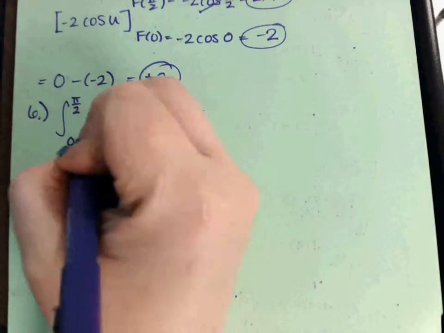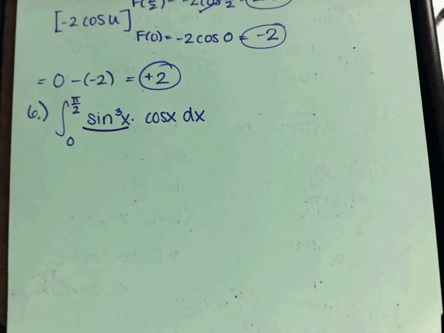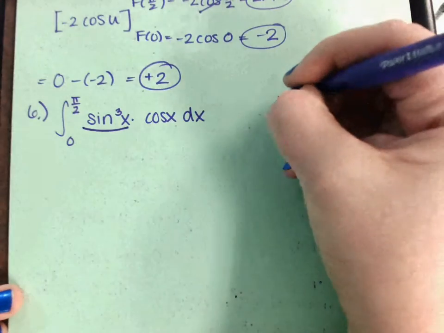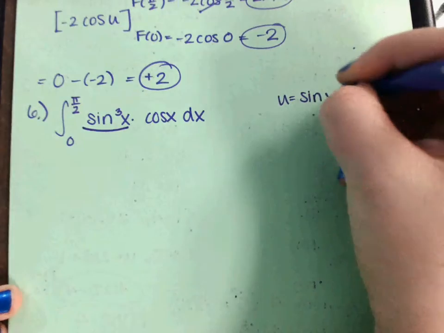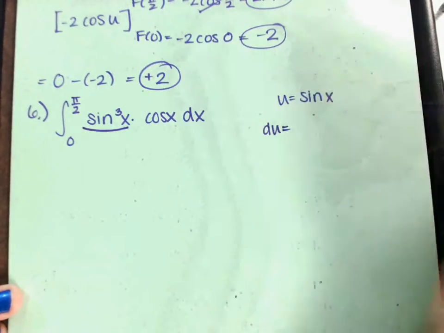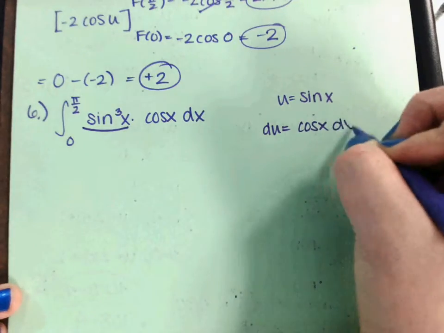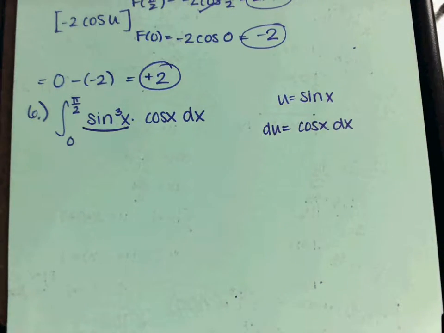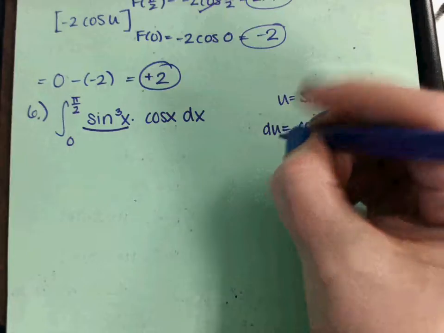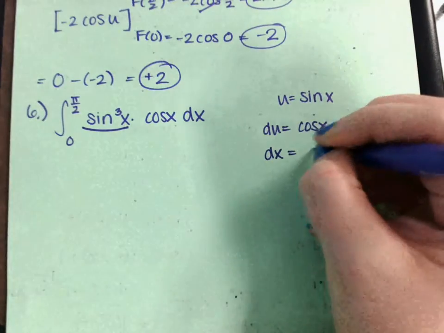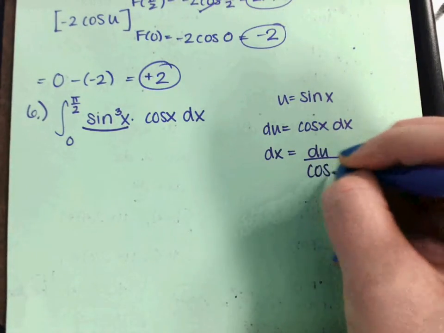Okay, sine x. Very good. Now, do I want to pick the cubed as well? No, that's too much. So my u is going to be sine x. What is my du dx then? Cosine x, but then I move the dx over. Okay, from there, that means that my dx is going to be du over cosine x.